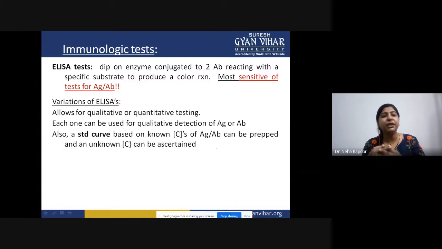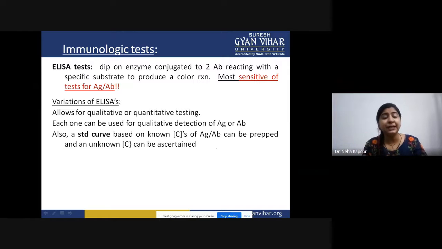However, for this we need to draw a standard curve. Standard curve means, suppose you are going to estimate the concentration of antigen. In that case, we first have to take different concentrations of that antigen or antibody or antigen antibody complex, so that we have a standard curve whenever we estimate the absorbance of the antigen or antibody from the serum.